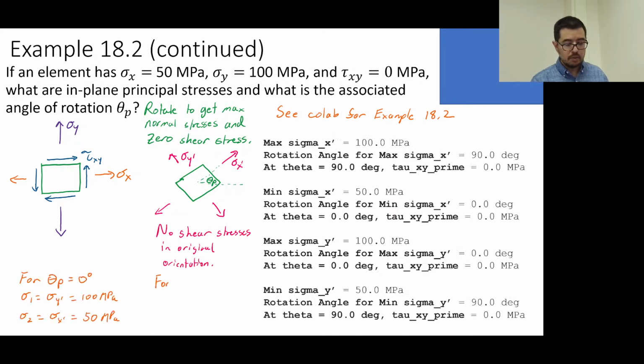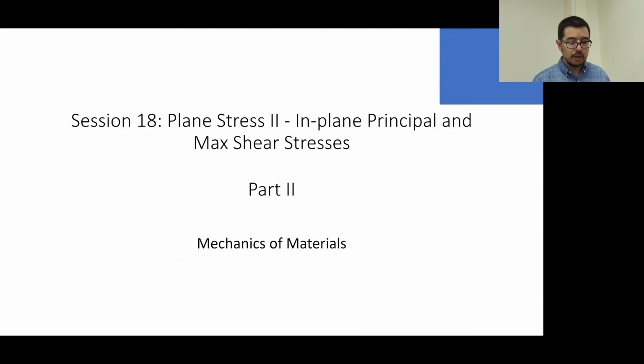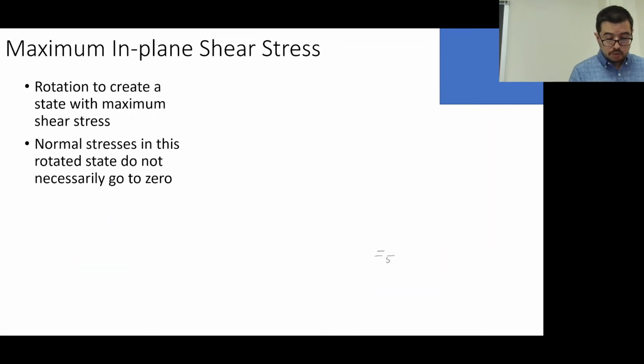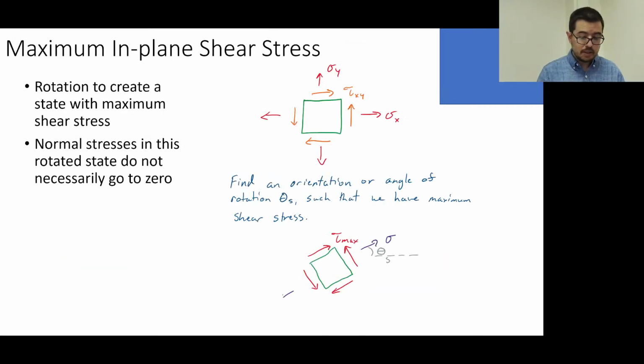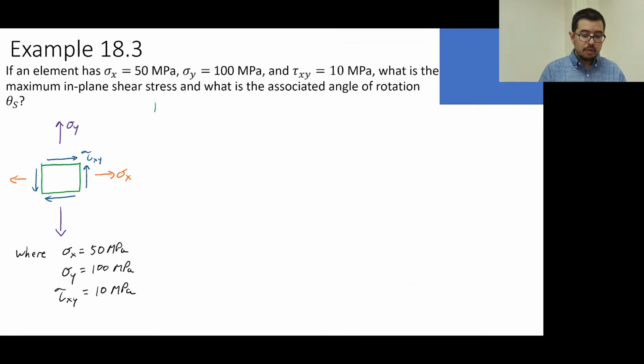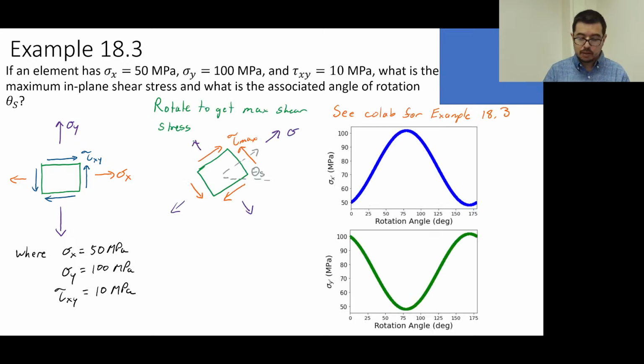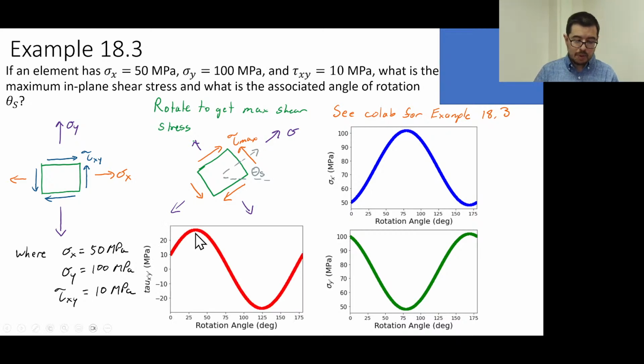This is 18.2. Okay. So part 2. Maximum shear stresses. Well, what do you do? You just look for the maximum shear stresses. Okay. Now, the issue with maximum shear stresses, same problem we did before. Here, where are the maximum shear stresses?